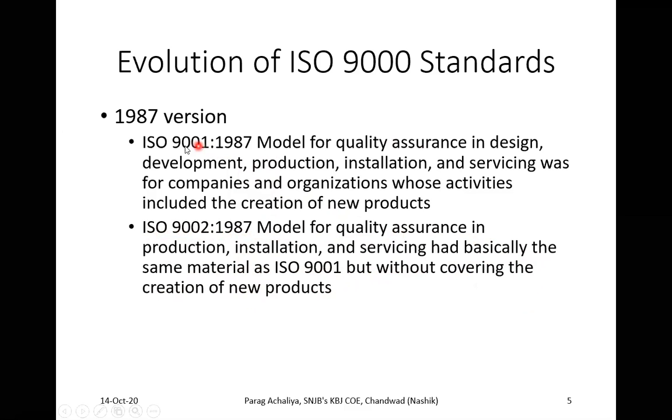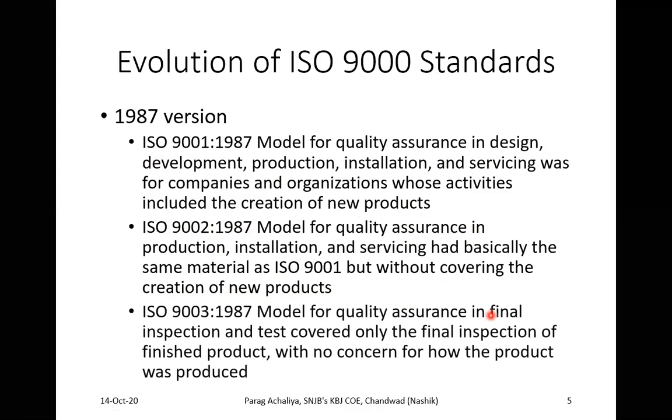If you look at 9001 and 9002, you can see design and development was there in one, but in two design and development was not there. That means they are not going to focus on the creation of new product, because design and development was the part of your what, new product development, which was skipped in the 9002 1987 model. So it was the first model.